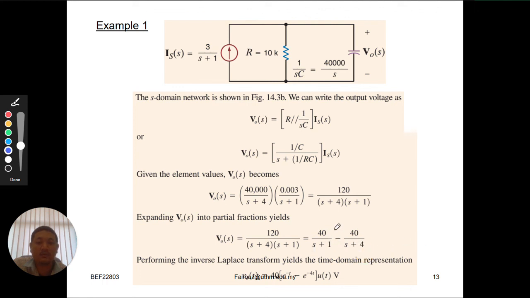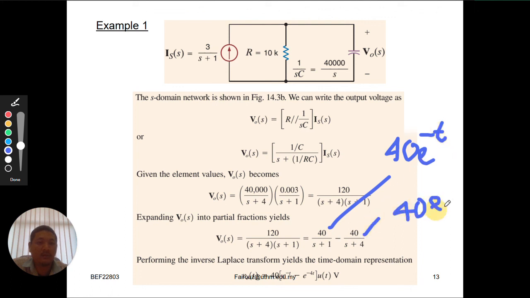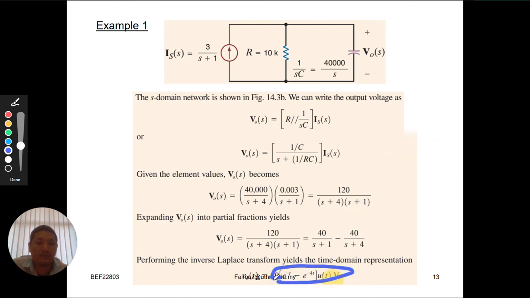Once you have arrived at this term, you can simply refer to the Laplace table, and in the Laplace table, this is basically 40 e to the minus t, and this is 40 e to the minus 40t, right? So this is the answer, the output voltage in time domain.